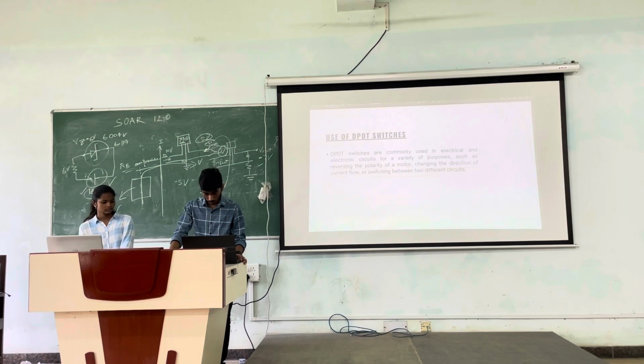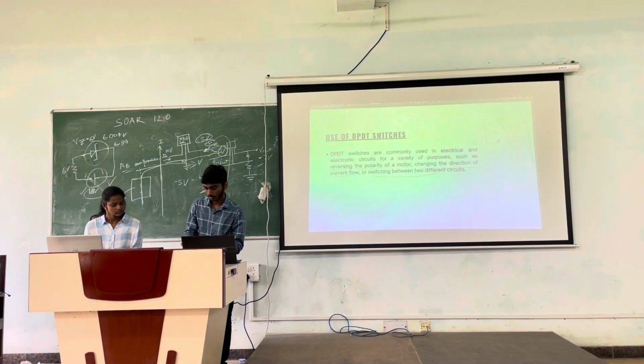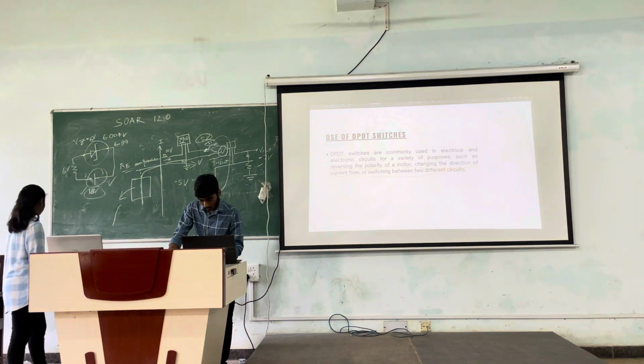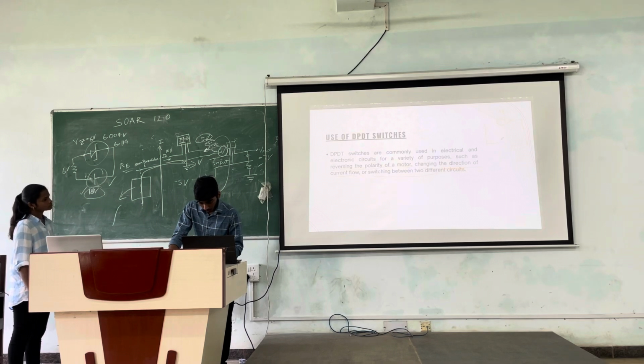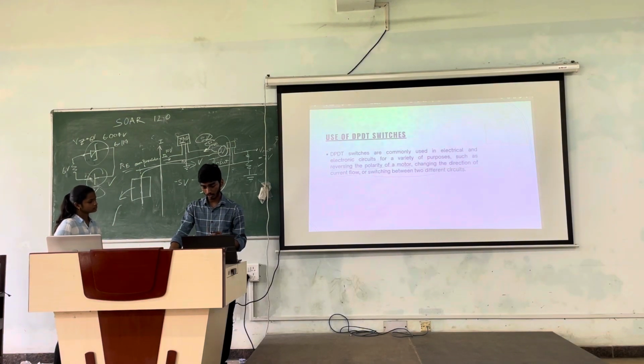For those who don't know, let me tell you quickly. If there is a motor, and this one is the motor, and we have connected a battery here, suppose in this configuration the motor rotates clockwise.